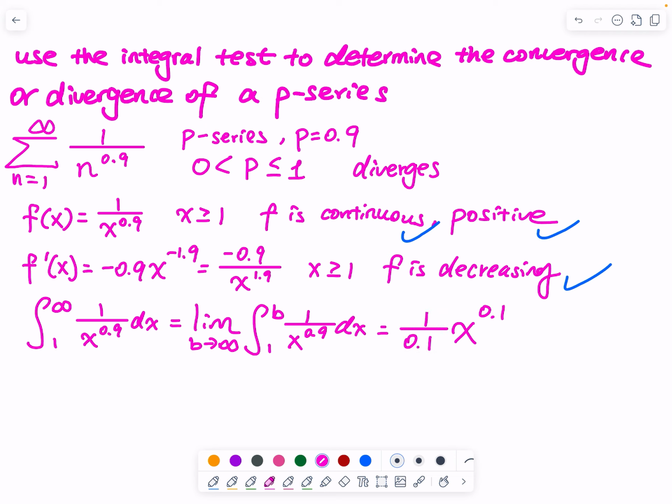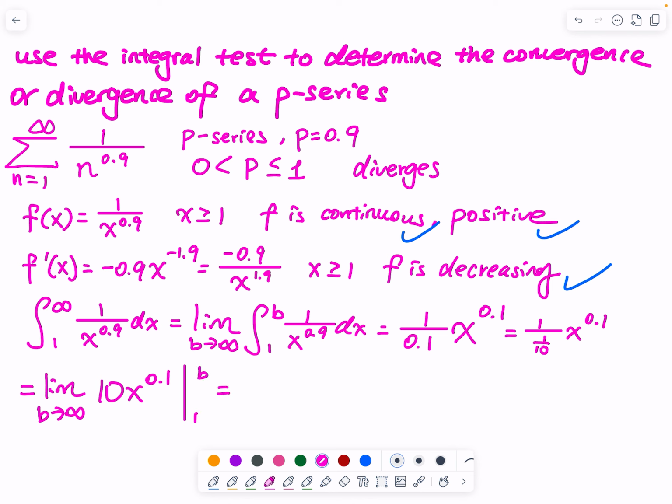When you take the derivative, you bring the 0.1 down, and 0.1 minus 1 is negative 0.9. So this is 10 x to the 0.1, and we take the limit as b approaches infinity of 10 x to the 0.1 power, with x going from 1 to b.